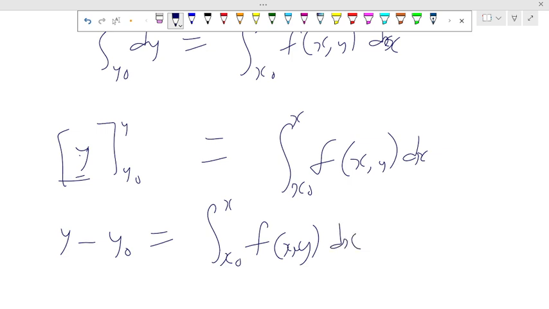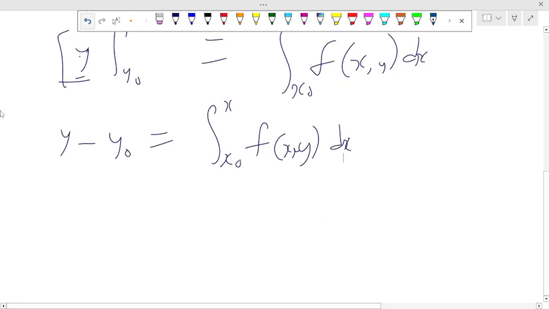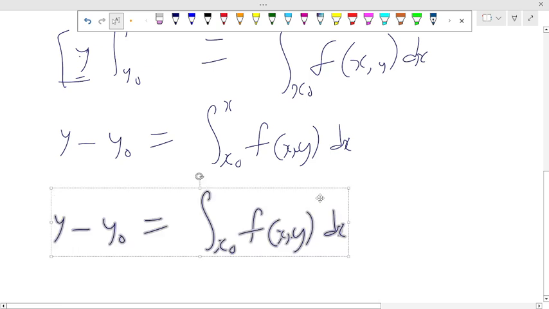Now of course if you bring y0 this way, we are going to have this.